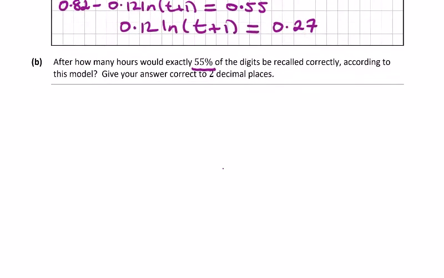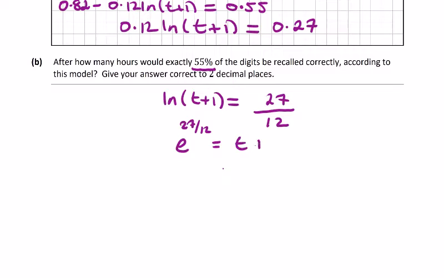So we'll have divide by 0.12, we'll get the natural log of T plus 1 is equal to 0.27 over 0.12, but that's the same as 27 over 12, so I'll just get rid of the zeros. 27 over 12. So your rules of indices, e to the power of 27 over 12 is equal to T plus 1.